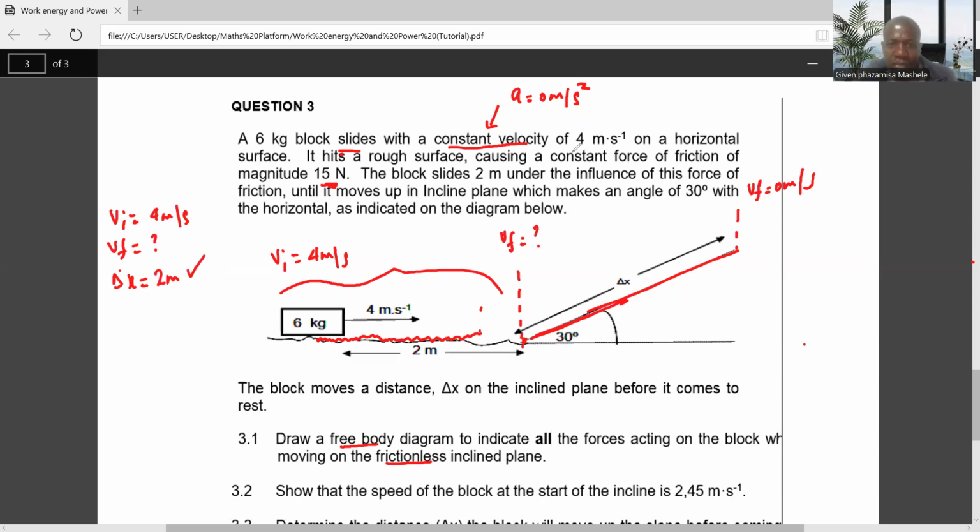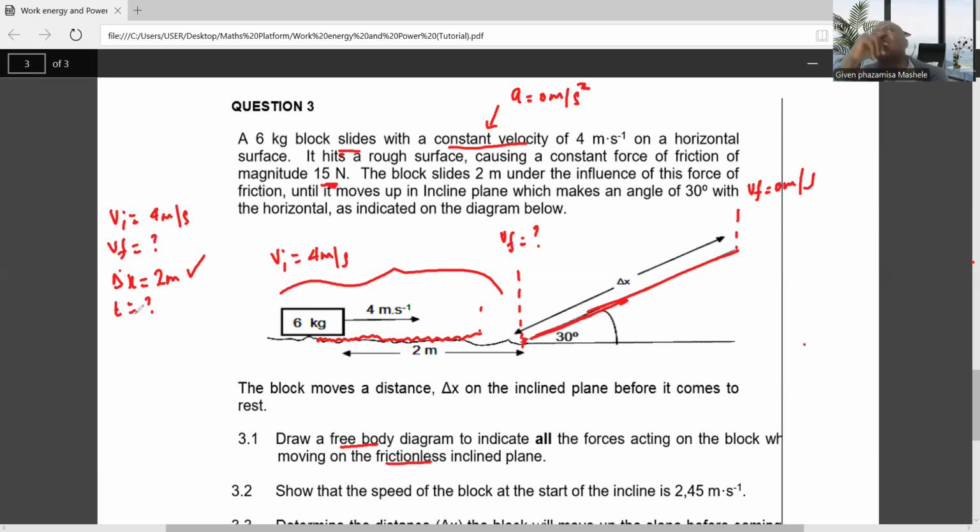If we use the equations of motion, we're not going to get the answer, because remember, this object was just moving at a constant velocity. If we say acceleration is 0, it will be wrong. I was thinking that we do not know the time and we do not know the acceleration.